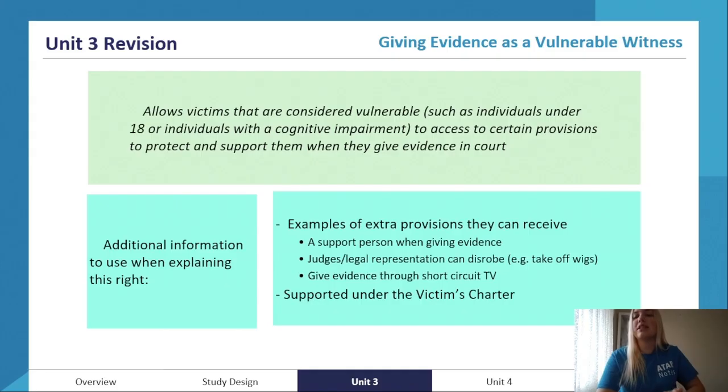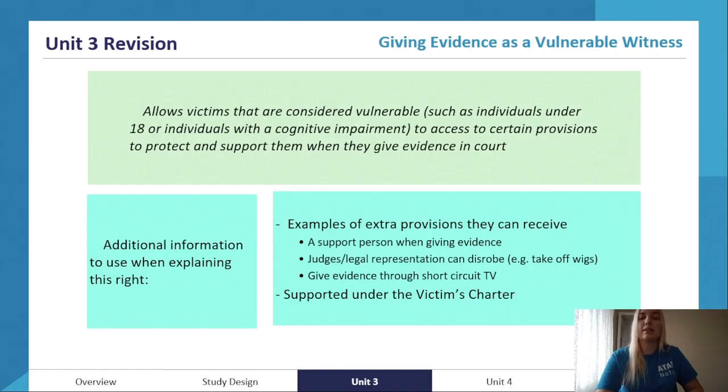So, the right to give evidence as a vulnerable witness allows people that are considered vulnerable, which can include many different things. Simply, it could just be minors, people under 18 years old, people with cognitive impairment, people with disabilities, people with mental health issues, people who are victims of domestic or sexual violence, and the trial is against the perpetrator or supposed perpetrator, as some examples of vulnerable people.